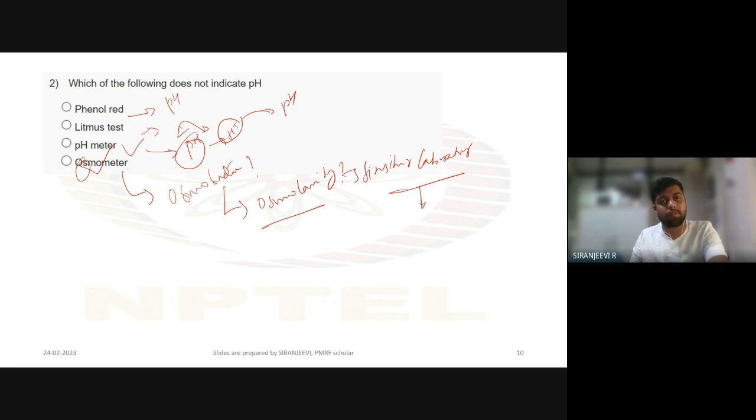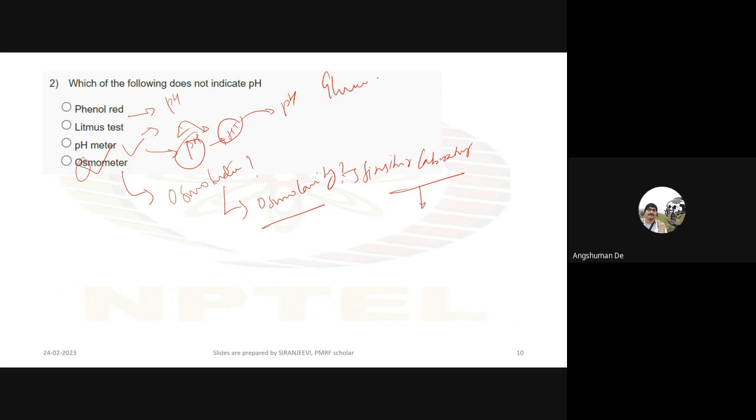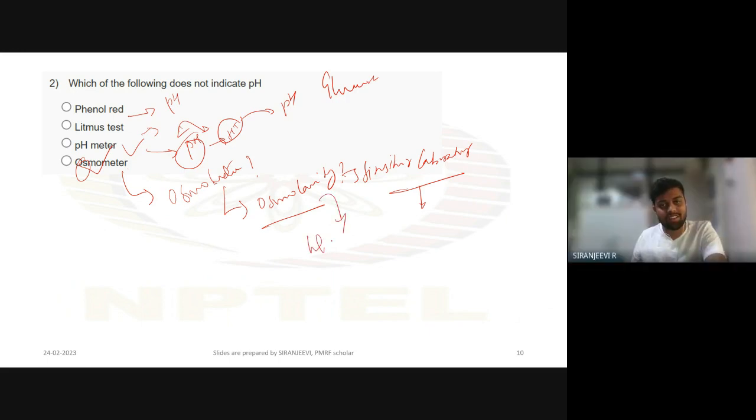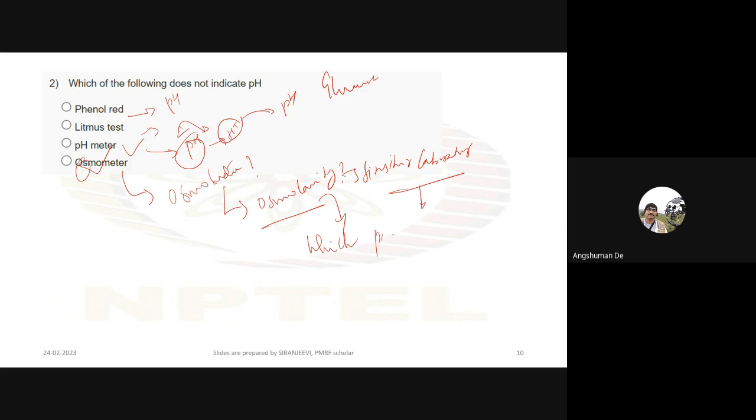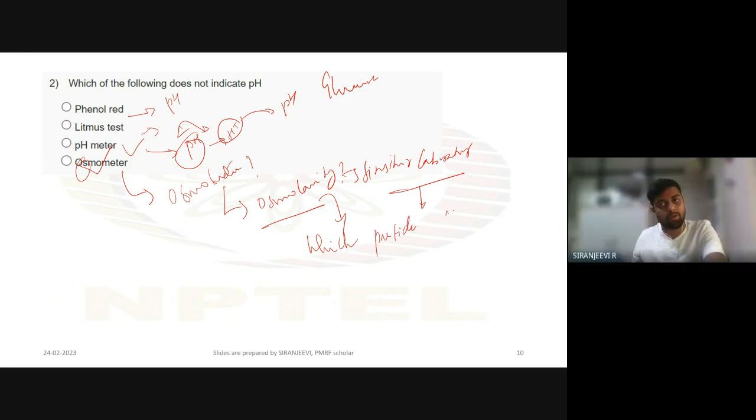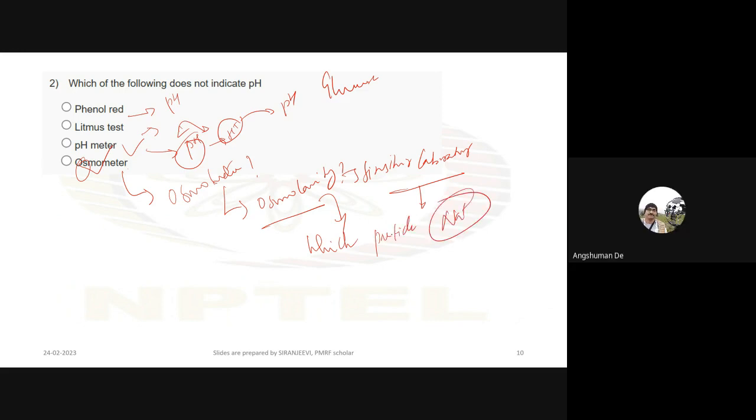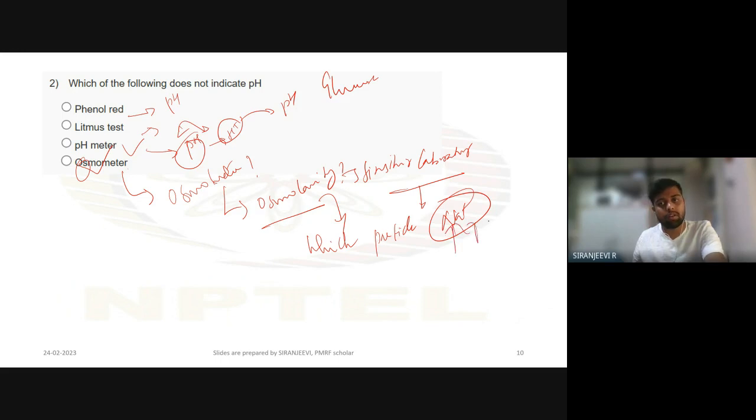But the osmotically active particles will be more, which one? Which particle? Electrolytes, sodium, potassium? Only sodium actually. So whenever sodium is more in the blood, then you will see the osmolarity more. So that's the thing.